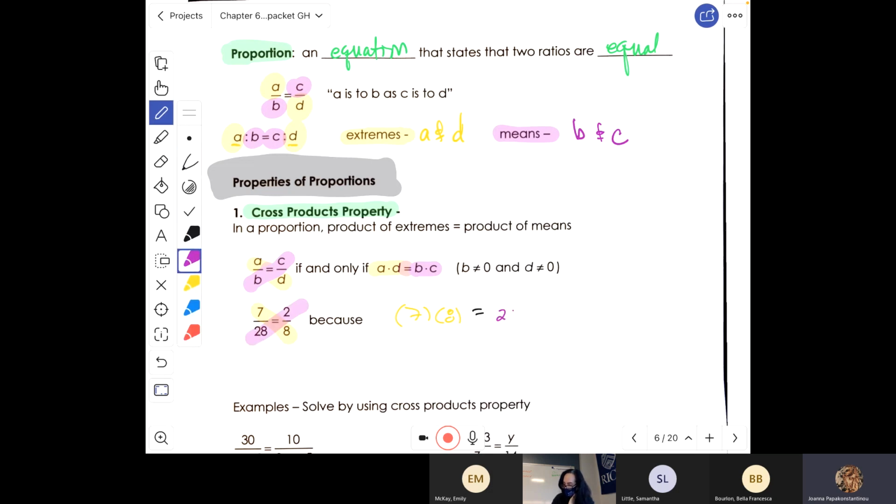28 times 2. Now, let's say you looked at these and you say, oh my goodness, I don't want to have to multiply those numbers together. Is there something I could have done to make this problem easier? I mean, you would get that these two are equal. You'd get an identity, so therefore they are equal. So if I were to reduce the first fraction, what would you get in simplest form?